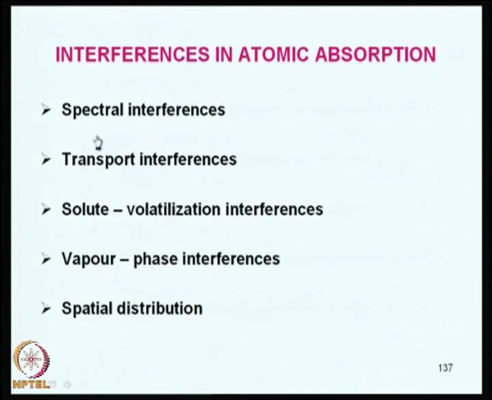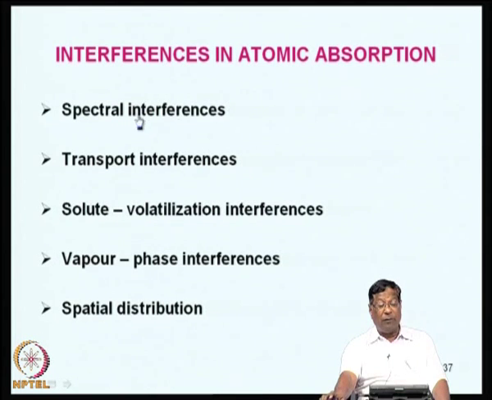For example, the first one I have put is spectral interference, and this could be due to your inability to separate the spectral line. If there are more than two substances which absorb at the same wavelength, there is nothing you can do about it, because you cannot change your resonance line, because it is the intrinsic property of the element.